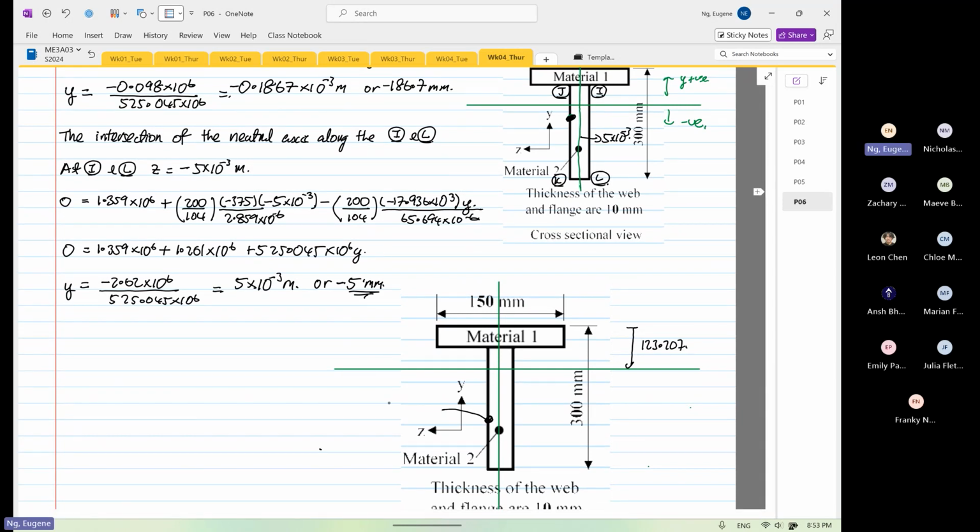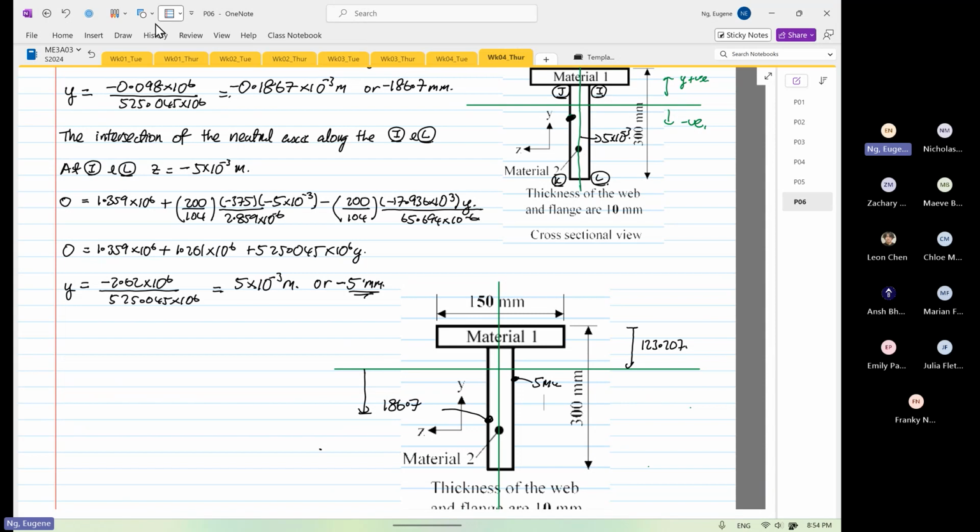So this is 186.7. And then the other one is 5 millimeters, since 2.62 divided by 525.04 is equal to 5. So the other one is 5 millimeters from the top. This is your 5 millimeters.